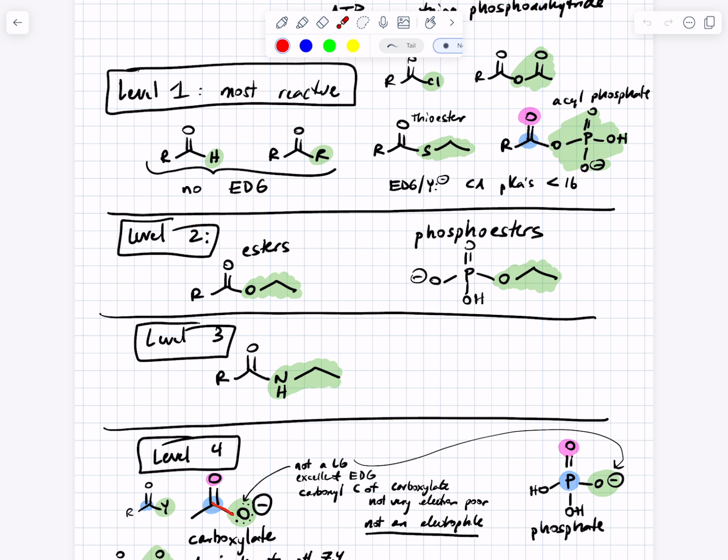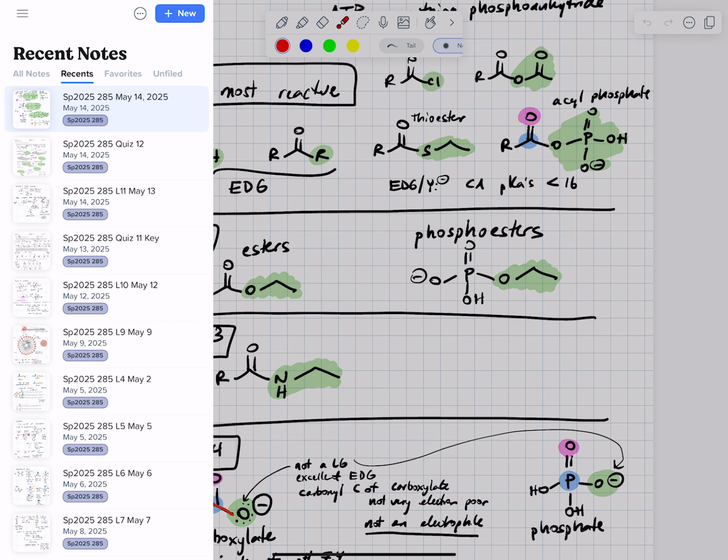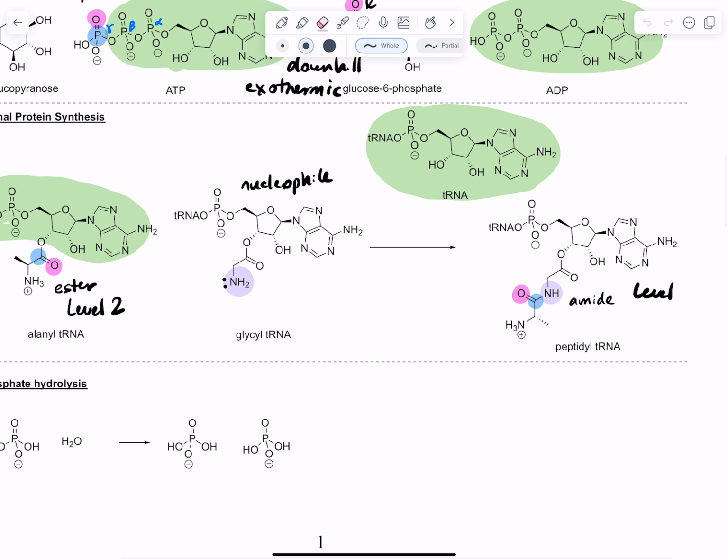The other reason is the nitrogen on the RNH group is a much better electron donor than the oxygen because nitrogen's less electronegative. That makes the amide carbonyl carbon really not very electron poor. And we're actually lucky that that's the case because that means the amides in our proteins, the proteins that do all the work in our bodies, can last a long amount of time.